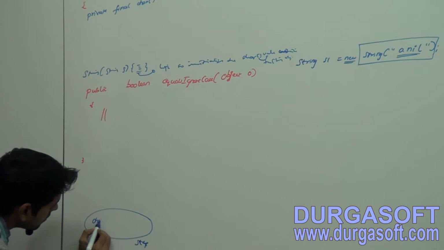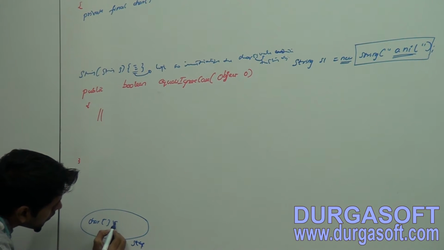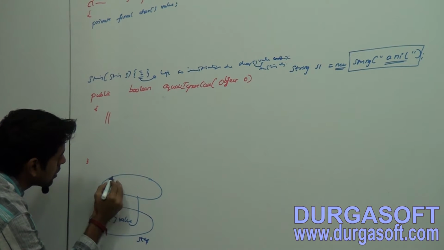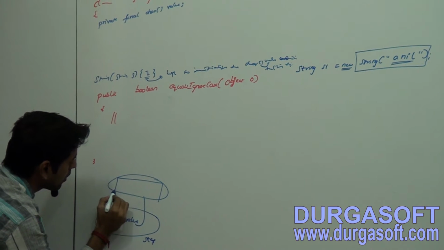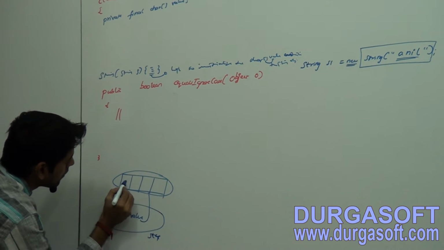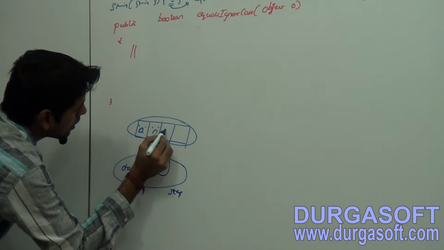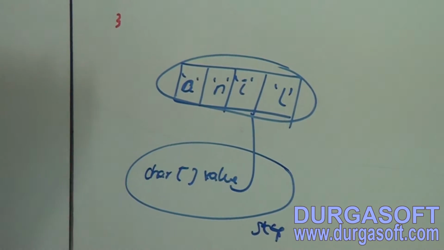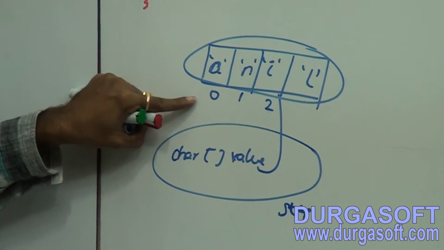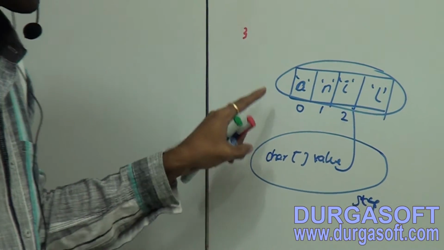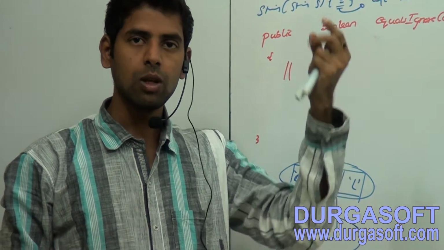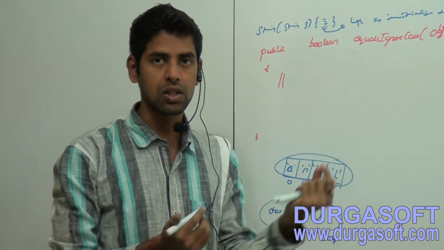Observe here, now the char array value will refer to this array. How many blocks? 4 blocks: A N I L. The index always starts from 0 for whatever array it is, in each and every programming language, like Java.